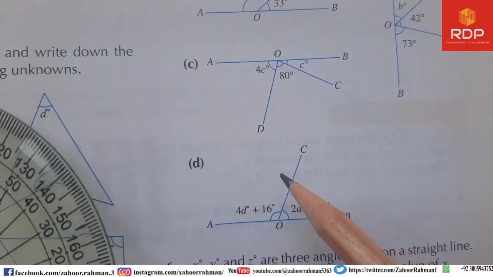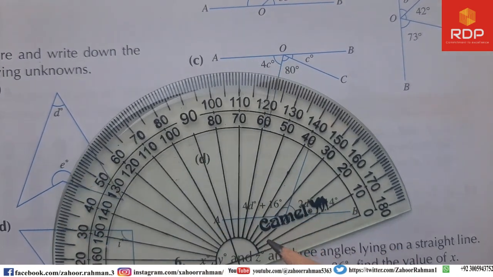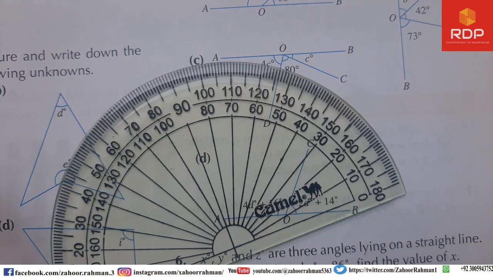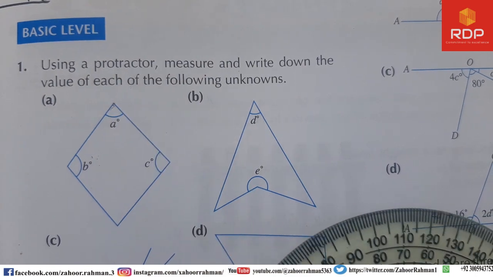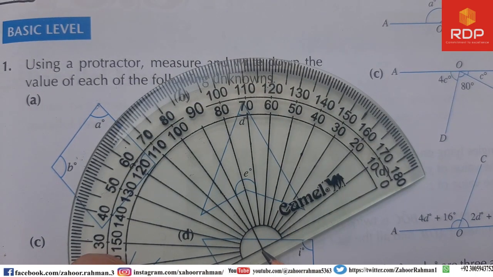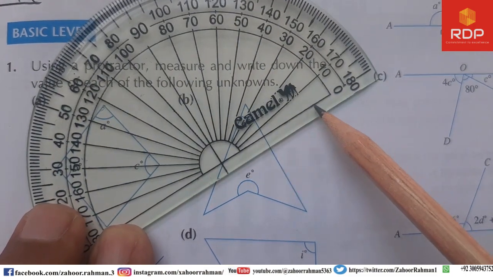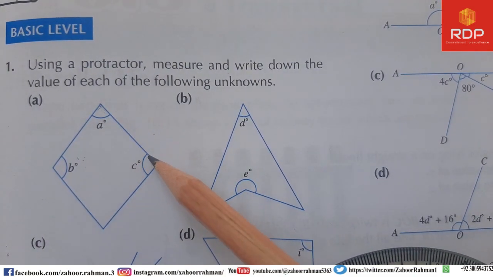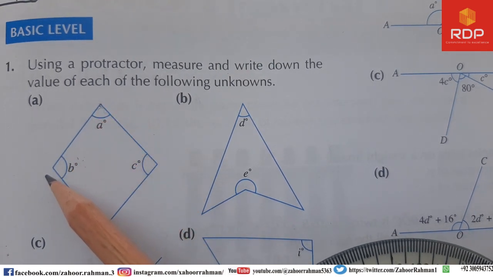So ladies and gentlemen, listen and see carefully that this is the middle point, and you have to bring that middle point here. Then this line which you have at the base should be in unison with this line, and this will show you the degree.